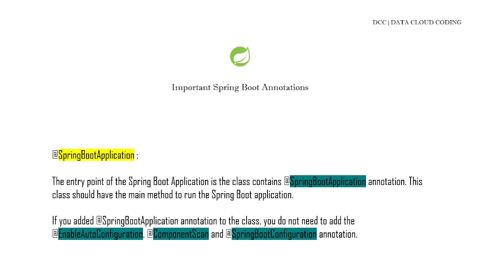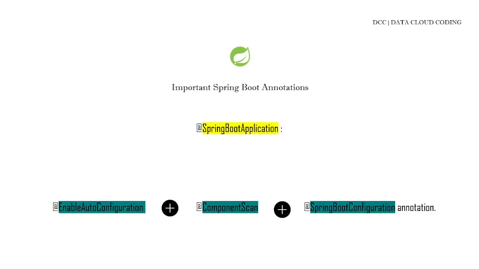And if I have added the @SpringBootApplication annotation to the class, we do not need to add the annotations @EnableAutoConfiguration, @ComponentScan, and @SpringBootConfiguration explicitly. The @SpringBootApplication annotation is a combination of these three annotations: @EnableAutoConfiguration, @ComponentScan, and @SpringBootConfiguration.